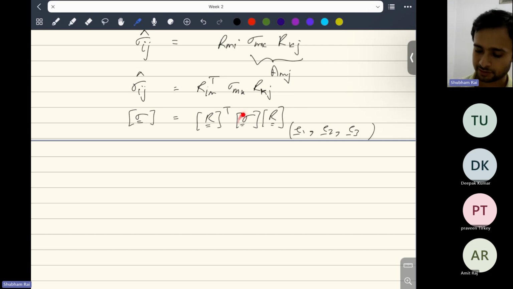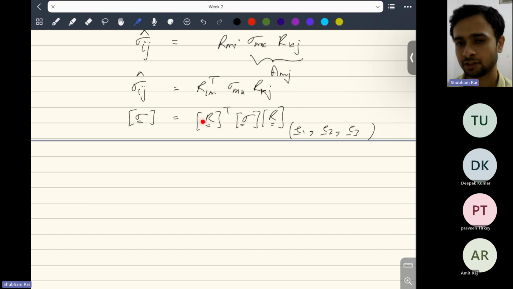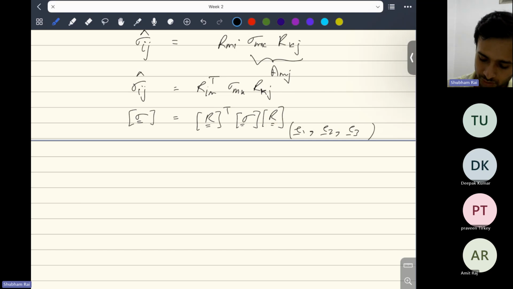Because sigma is in E1, E2, E3, this R will also be in E1, E2, E3 coordinate system, and the new sigma hat that you obtain is in the E1 hat, E2 hat, E3 hat coordinate system. Okay, so this is the formula.